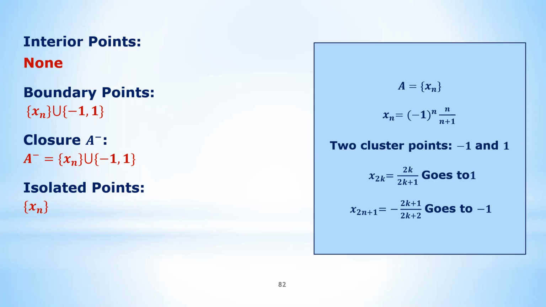We were talking about interior points, boundary points, closure, and also isolated points. So once you have a set, including a sequence like that, you can always determine these things, okay? And you can go home and review this a little bit more.